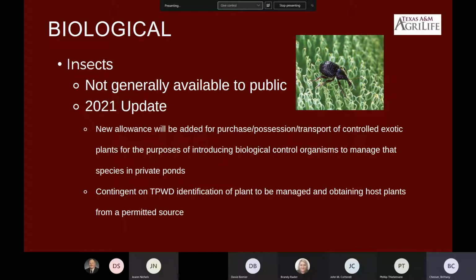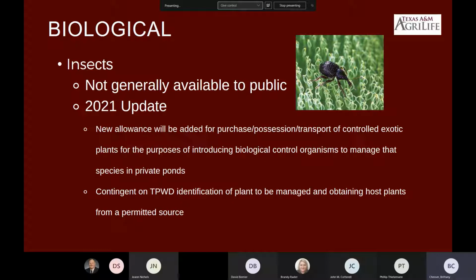An example would be monitoring the weevil's effectiveness, the same thing with the alligator weed flea beetle.